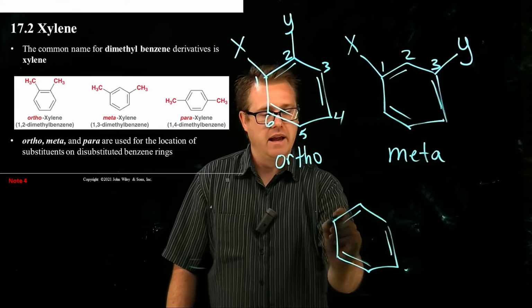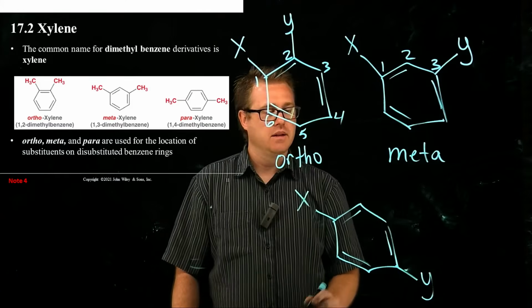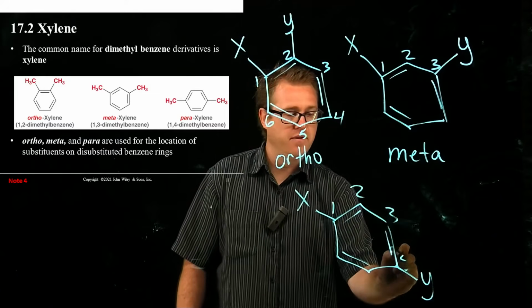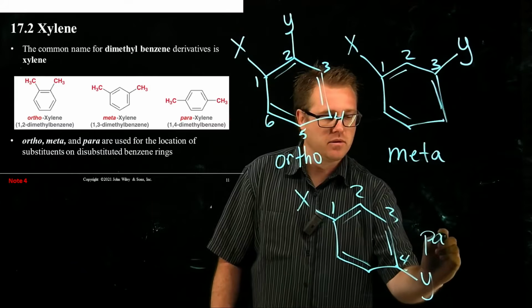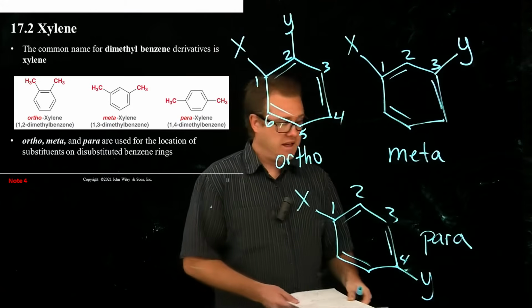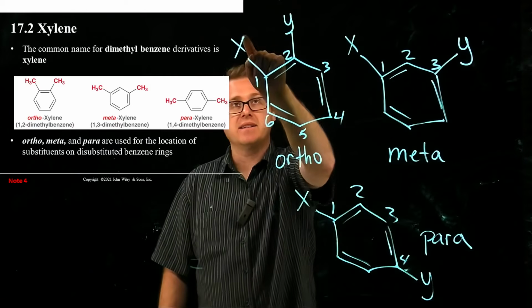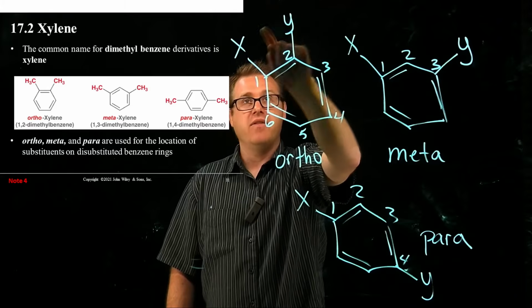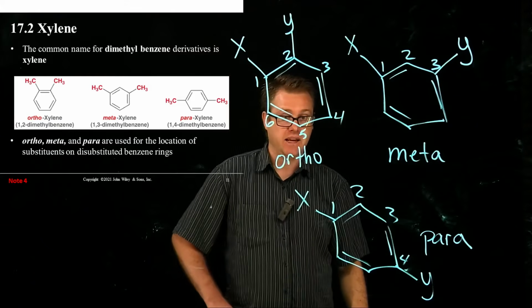And then if we have this, a 1, 2, 3, 4 relationship, we call that para. Now for xylene, you can see that if the X and the Y are both methyl groups, then they're called xylenes.